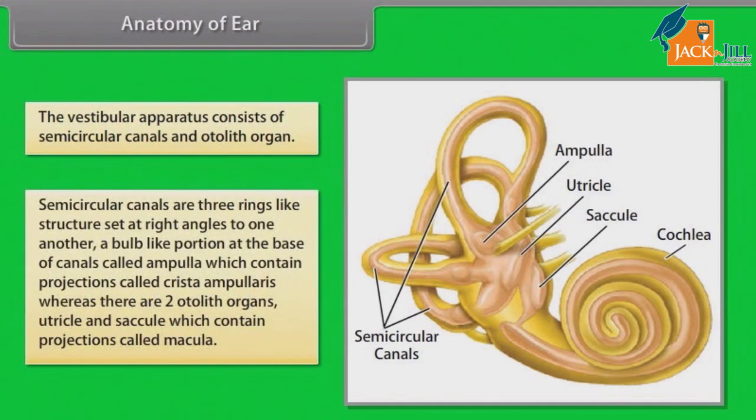Semicircular canals are three ring-like structures set at right angles to one another, with a bulb-like portion at the base of the canals called the ampulla, which contains projections called crista ampullaris. There are two otolith organs, the utricle and saccule, which contain projections called macula.